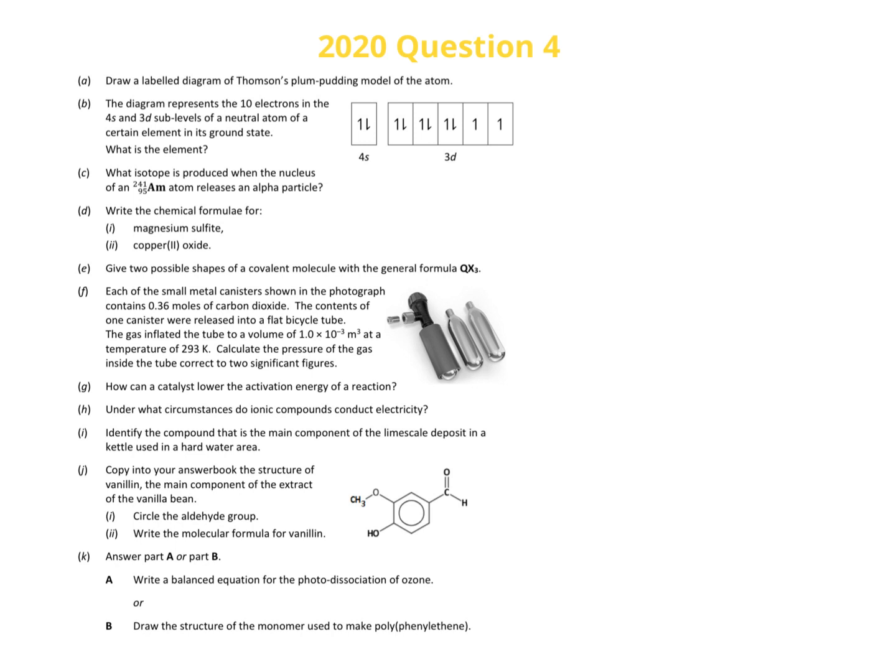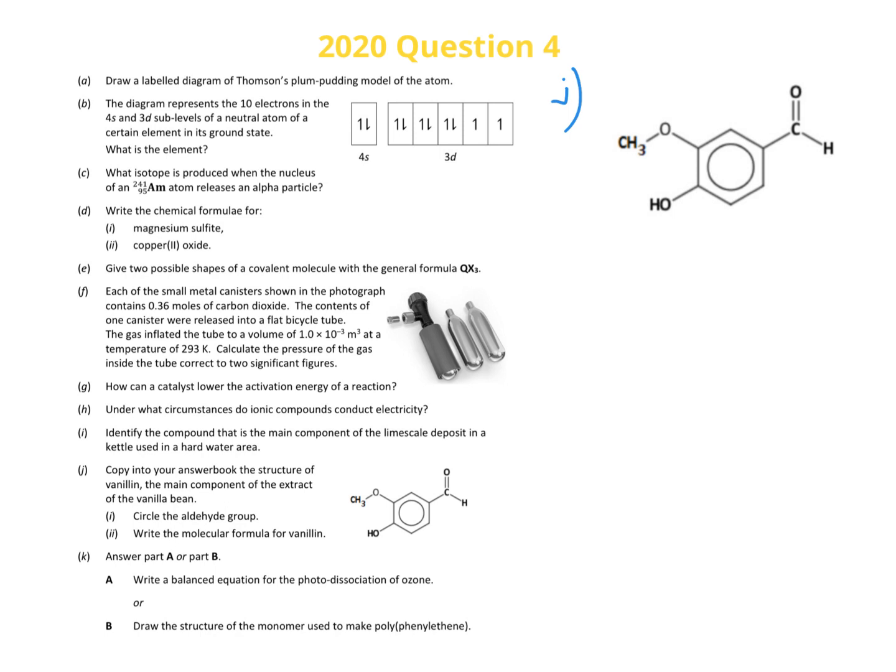So the next part we want to do is part J, and this is focused on organic chemistry. It's focused on the vanillin structure, and it asks you to copy the structure of vanillin into your answer book, circle the aldehyde group and write the molecular formula of vanillin. I've just copied the structure there, and what we need to do is circle the aldehyde group.